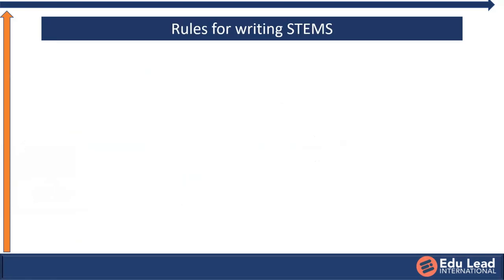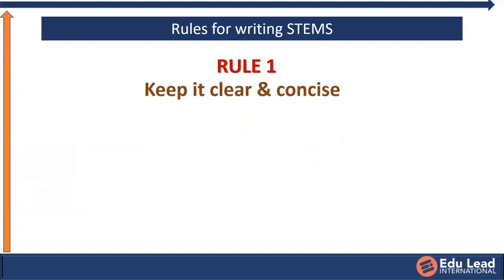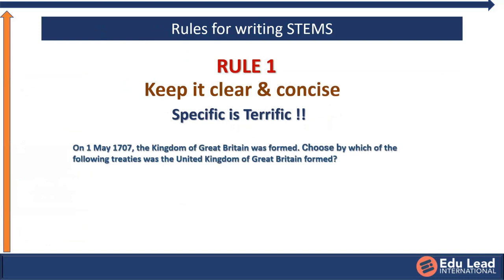Now let's understand what are the rules for writing the stems. Rule number one is keep it clear and concise, which we say in other terms, specific is terrific. So let's see an example of it. On May 1st, 1707, the Kingdom of Great Britain was formed. Choose by which of the following treaties was the United Kingdom of Great Britain formed?